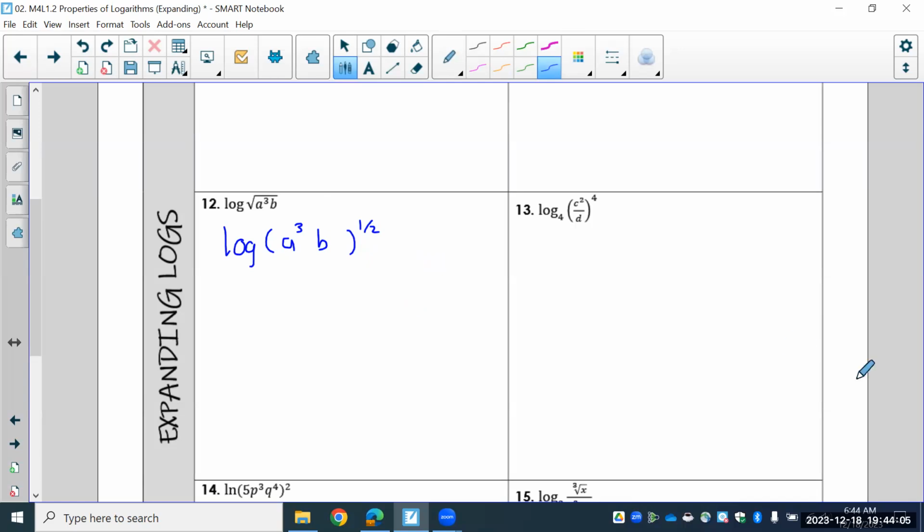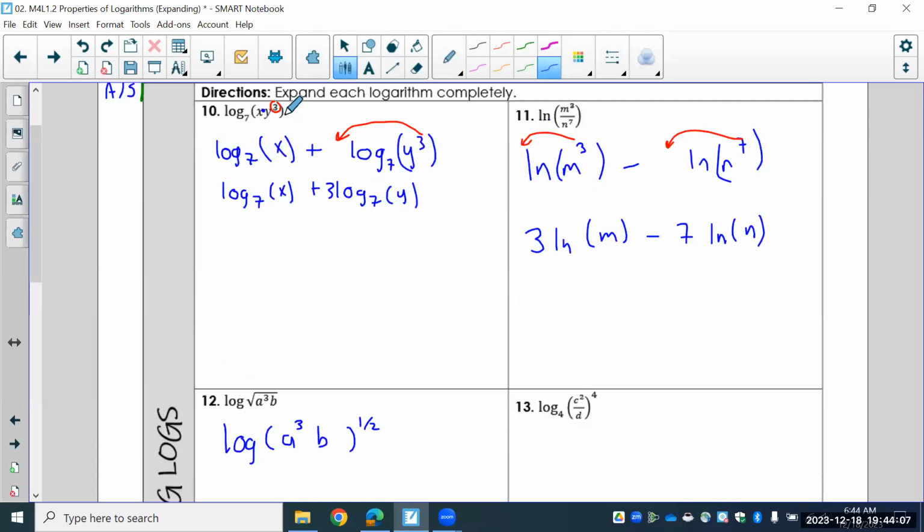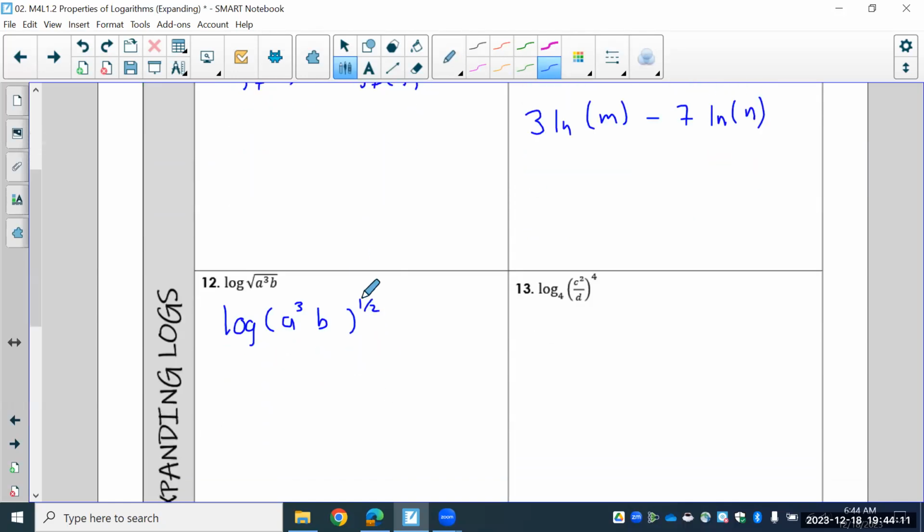So if you have an exponent on a single variable, you're going to do that after you add or subtract. But if you have it out here, think of this as being outside the whole problem. So we're going to yank that out first, then this is the one we'll do last. So that'll come out as 1/2 log of a cubed times b.